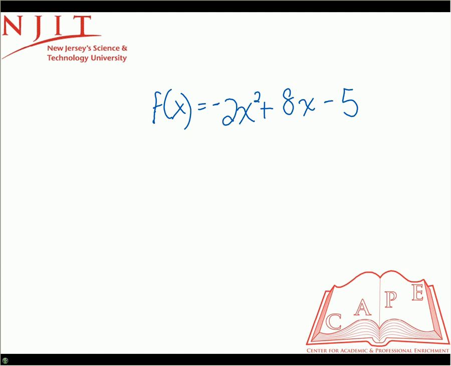Now the easy way of doing this is simply by completing the square. Now if you don't remember completing the square, we do have another tutorial that goes over that, so you might want to refer back to it.